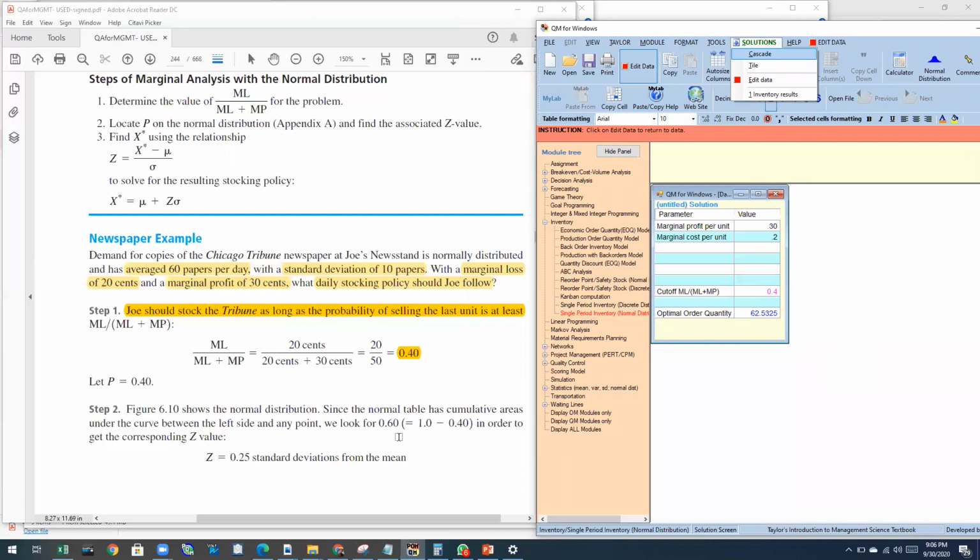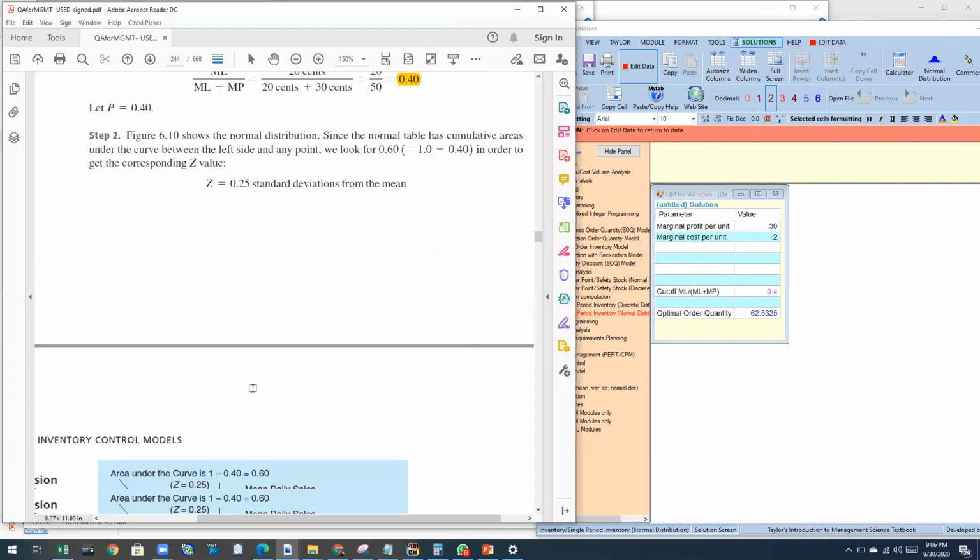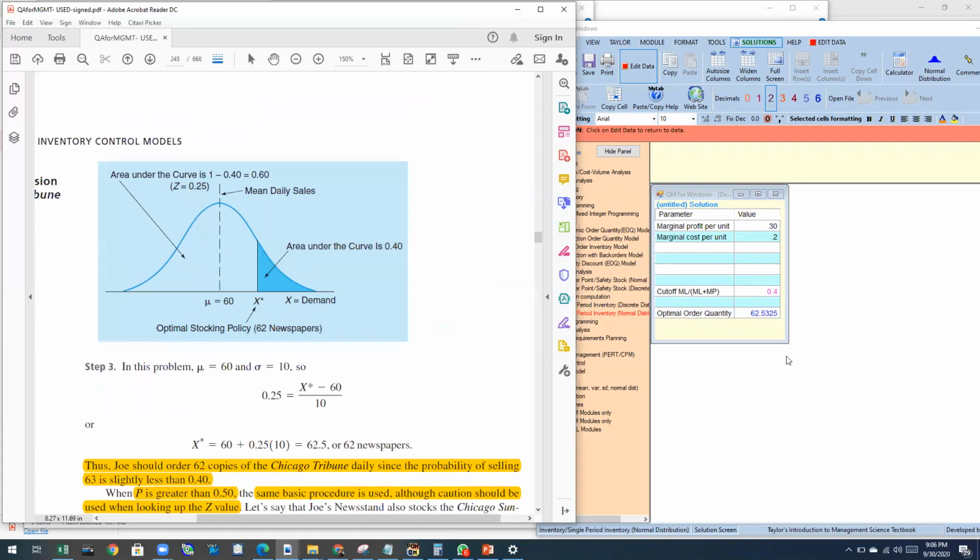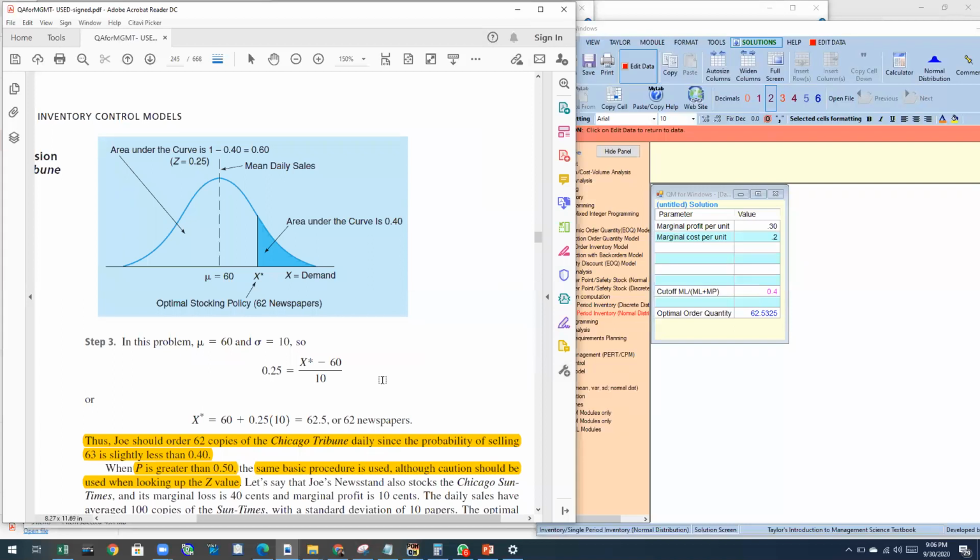It gives us the answer. The cutoff point is 40%, and the optimal order quantity is 63 papers. So in other words, it's saying that the probability of not being able to sell more than 63 papers is 40%.